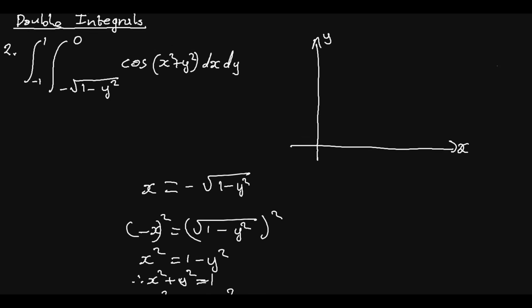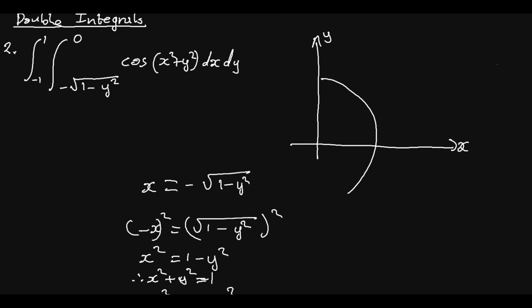On this circle, the plus side is on the plus side of the x-axis, and this side is on the minus side of the x-axis. So let me extend this here.